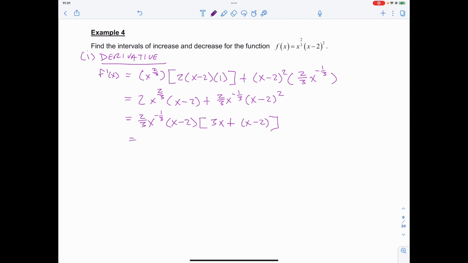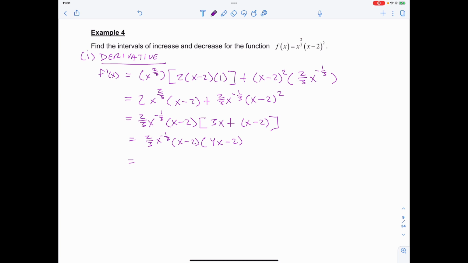This is going to give me 2 over 3 x to the negative 1/3 times x minus 2. And this is going to simplify to 4x minus 2.